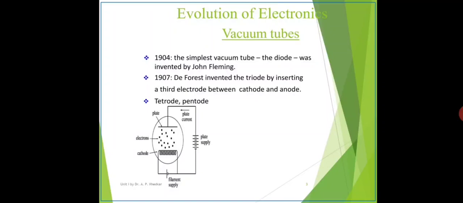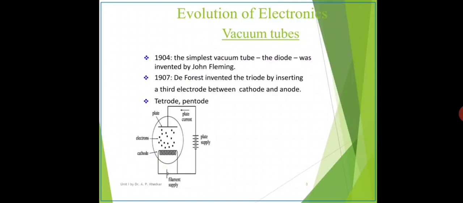This vacuum tube was based on the principle of thermionic emission. That means when the cathode was supplied with energy, electrons were emitted from the cathode, and when a positive voltage is applied to the plate or anode, these electrons get attracted towards the anode and current flows in the device.